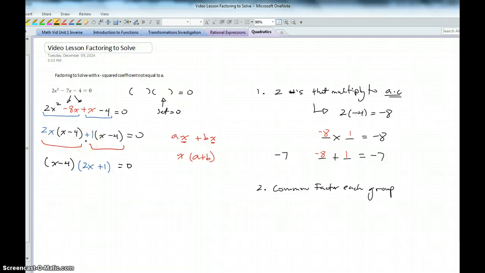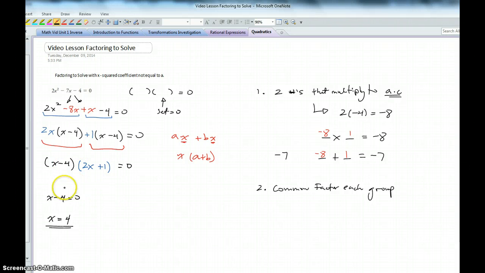Perfect. At this stage now we're going to set each bracket equal to 0. So x minus 4 equals 0. The solution is 4. If I were to plug 4 into this equation, I get 0 times 9, and 0 times 9 is 0.